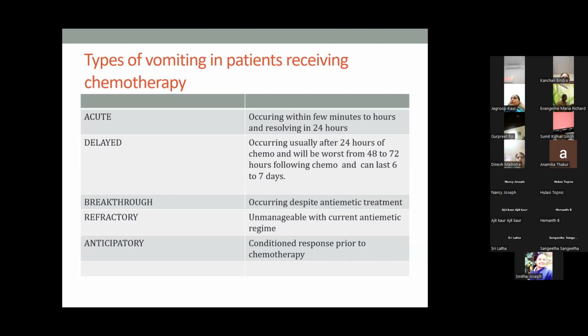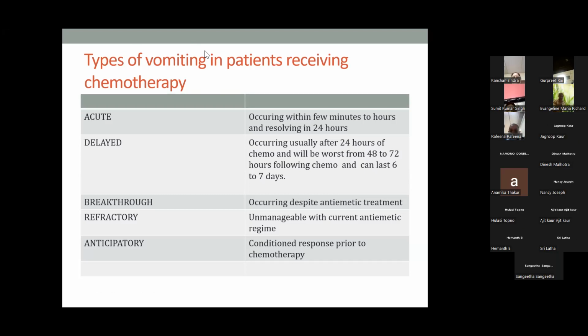Right? So what is breakthrough vomiting? When do you call it breakthrough vomiting? Have you had any patients having breakthrough vomiting? Say you put the patient who is having severe vomiting on Perinorm.